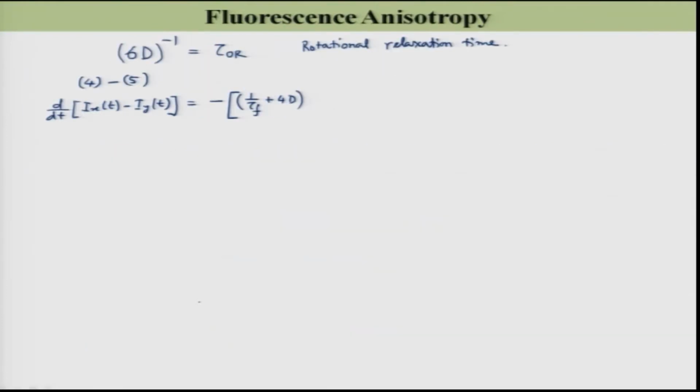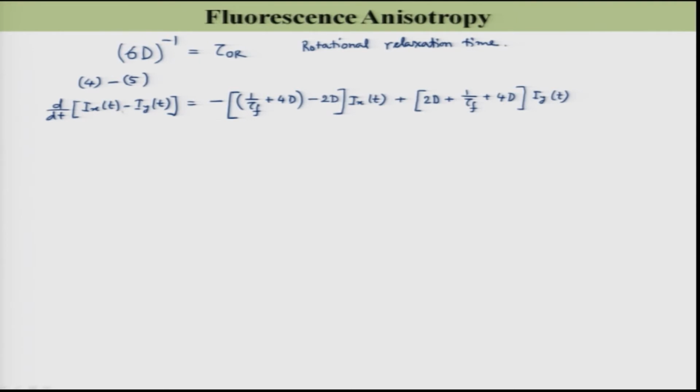Then I will have minus 2D, whole thing here I_x(t), and for the I_y I will also get this term, but this will be 2D plus 1 over tau_f plus 4D, I_y(t), okay.